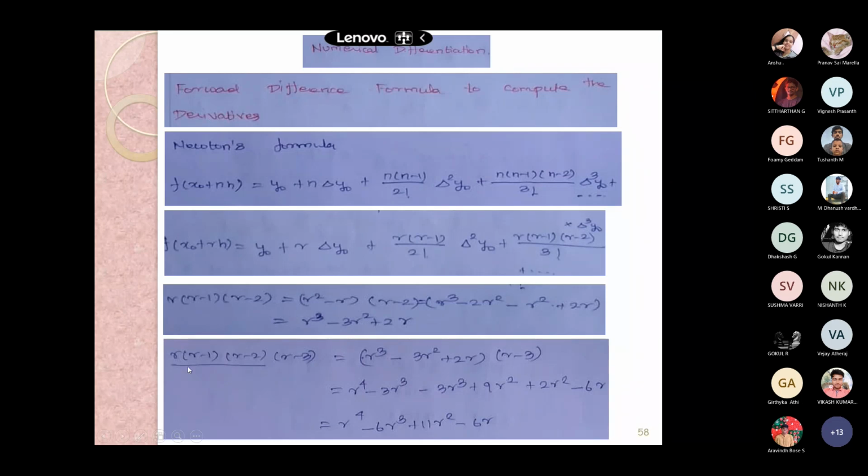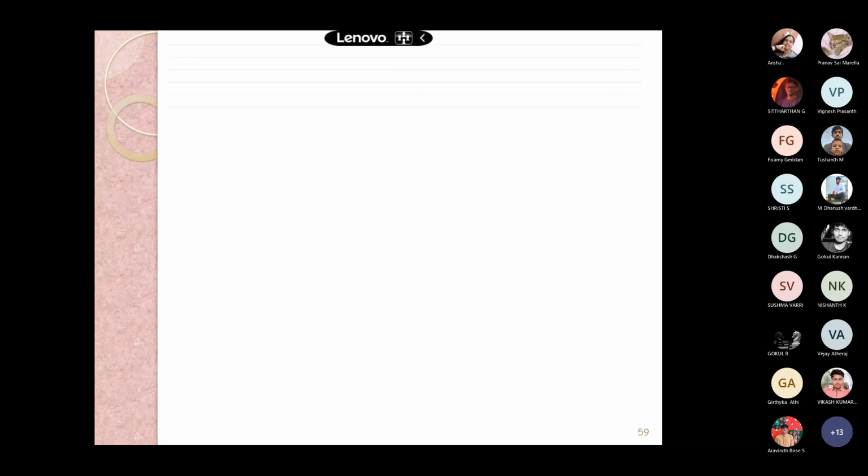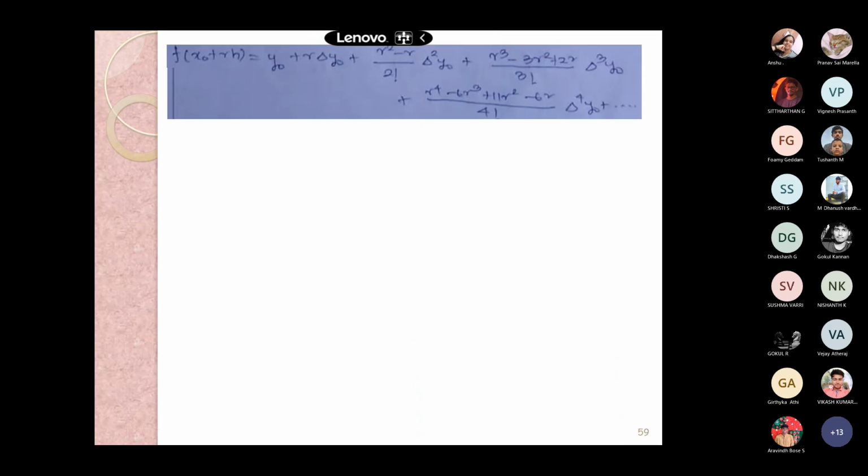Applying the value of r cube minus 3r square plus 2r, and multiplying by r minus 3, I get r power 4 minus 6r cube plus 11r square minus 6r. And I am applying these values in the forward interpolation formula.